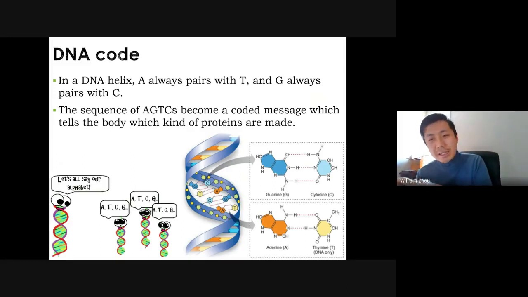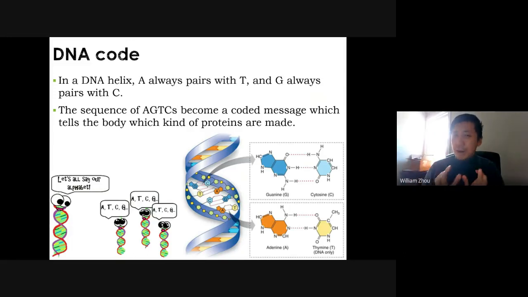Okay, and G will only ever bond with C. Okay? That's it. You cannot bond with anybody else. So they always come in pairs. A always pairs up with T, G always pairs up with C, and those two will come together to make a double helix. Okay, there are two ribbons here, both with one set of base pair, and they come together, they match up, you have a spiral.